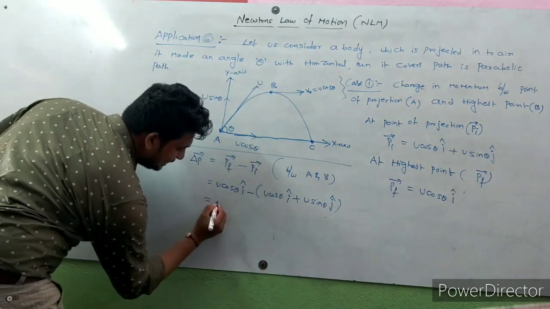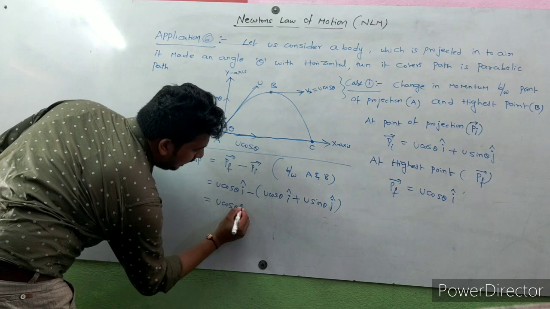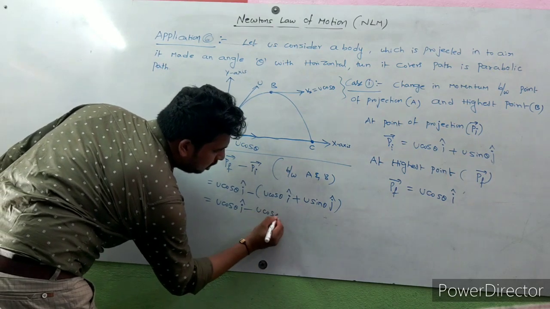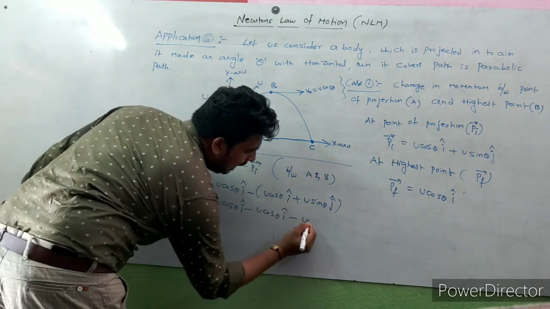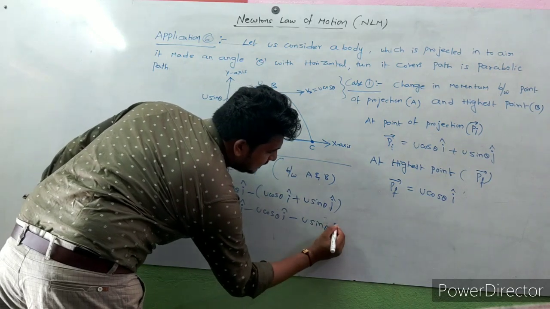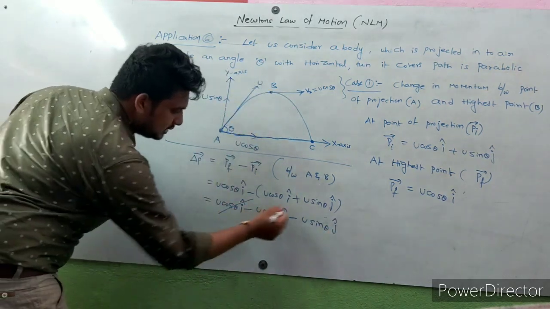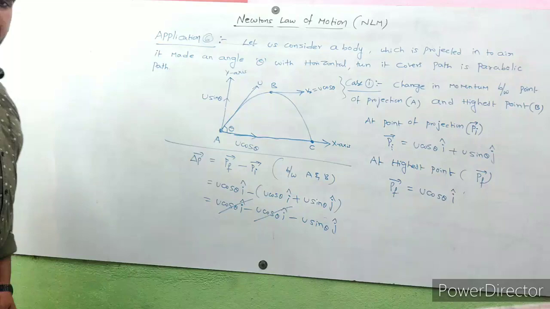Multiplying with the minus: u cos theta i cap minus u cos theta i cap minus u sin theta j cap. Here minus u cos theta and plus u cos theta cancel.